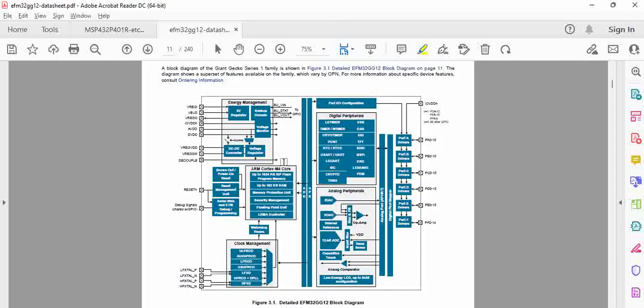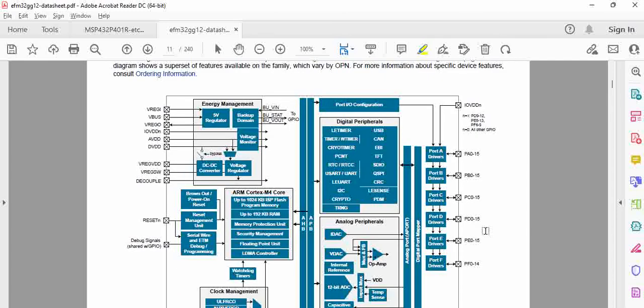Again, it's the same as what we have seen as the internal block diagram, but these are the pins which extend out of this particular EFM32GG12 microcontroller. The previous one was the internal block diagram; this is with respect to the external interface. You can see VBUS, that means USB related, and then the input power supply and the monitoring that happens, and the internal DC-DC converter. All are called the energy management block.